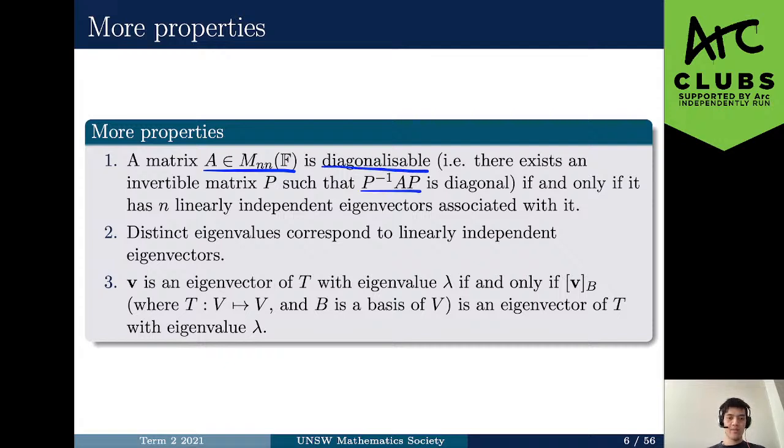So diagonalizable means that there exists some matrix P such that when I write it in this form, it's equal to a diagonal matrix. That's what it means to be diagonal. So D only has terms on the diagonal, which actually are the eigenvalues.